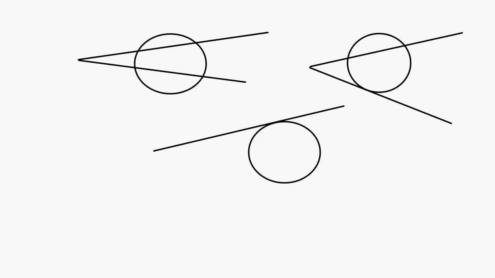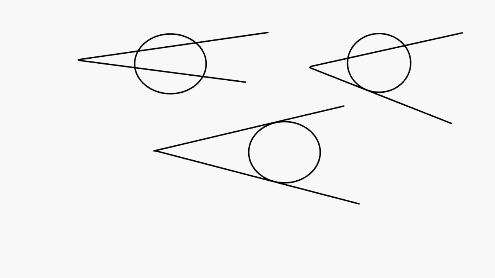So you've got this situation: a secant and a secant. They form an angle outside the circle. You could have a tangent and a secant. The angle formed is outside the circle. You could have 2 tangents. The angle formed is outside the circle.